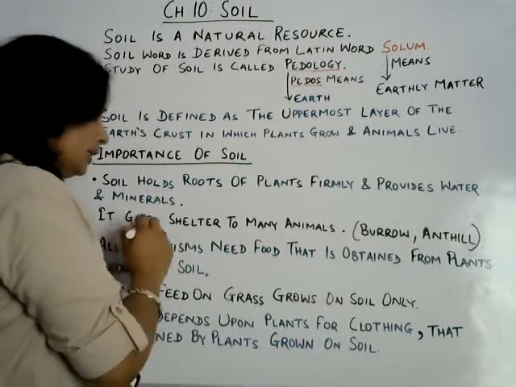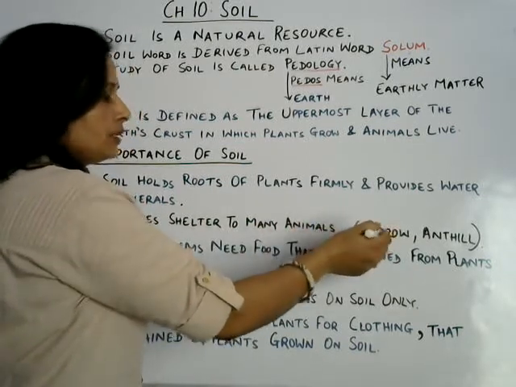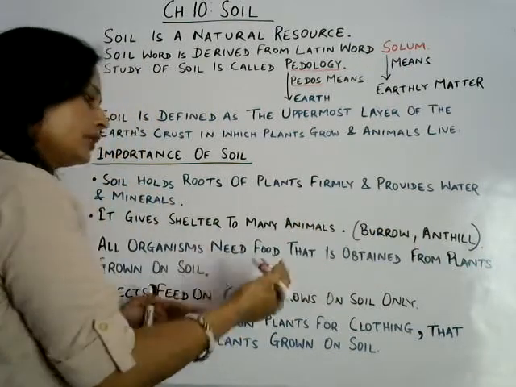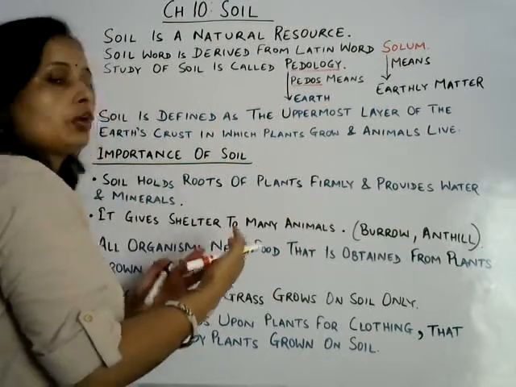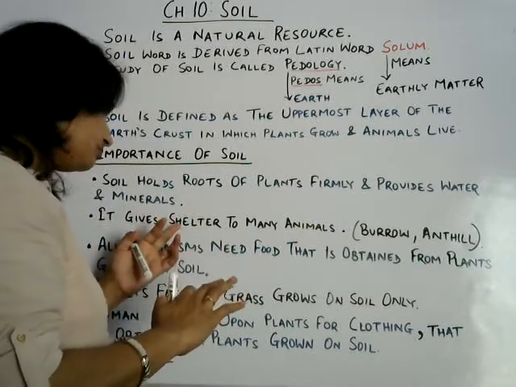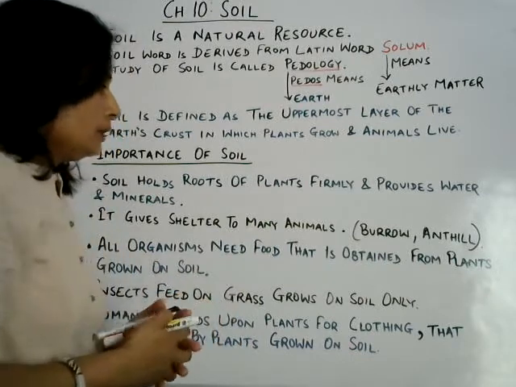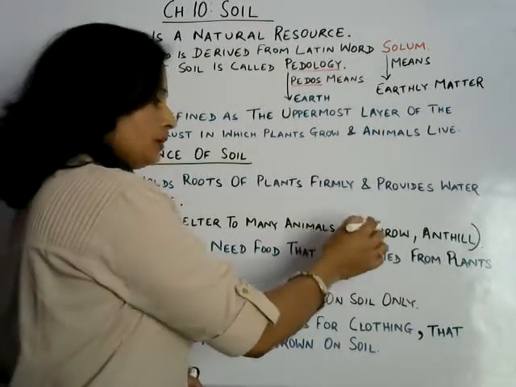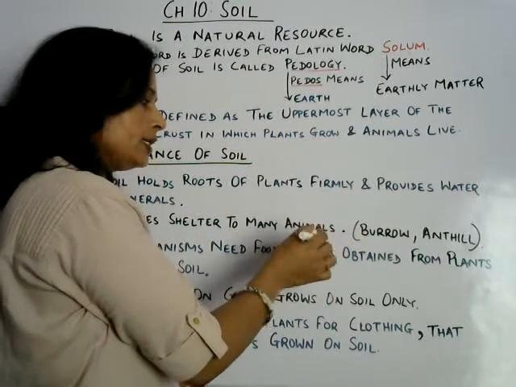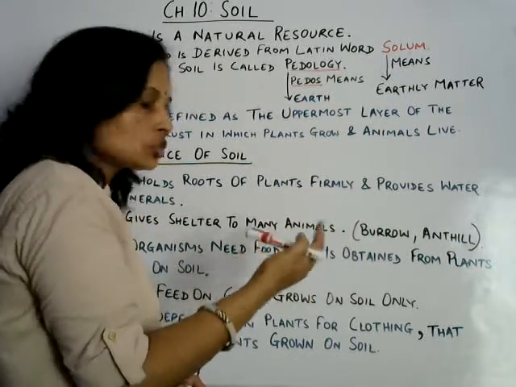Now next one, it gives shelter to many animals. Animals can make burrows, ants can make anthills, and so many insects, smaller animals, bigger animals, or microorganisms all live on soil. कुछ soil के अंदर रहेंगे, and some live on the upper part of soil. कुछ अंदर और कुछ soil के ऊपर.